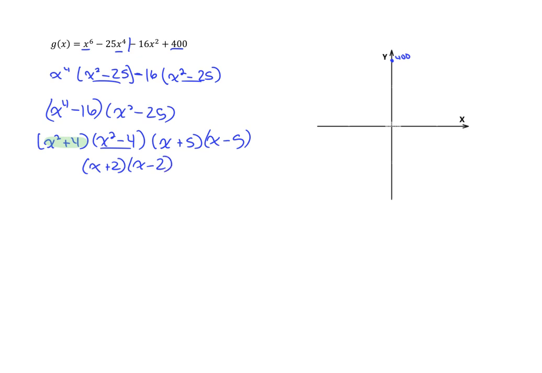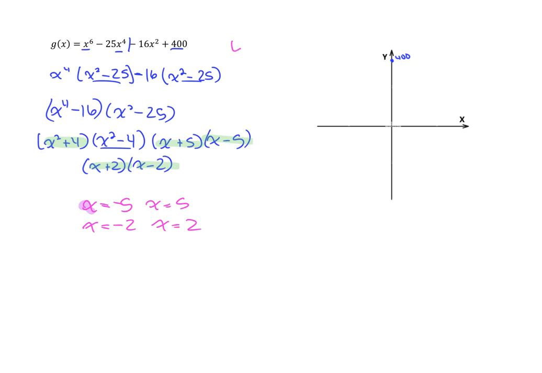So now I look at these 4 factors, and my roots are going to be x equals negative 5, x equals 5, x equals negative 2, x equals positive 2.